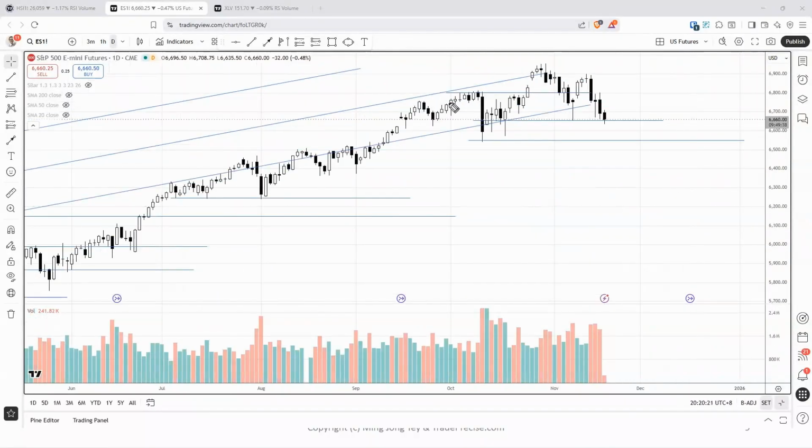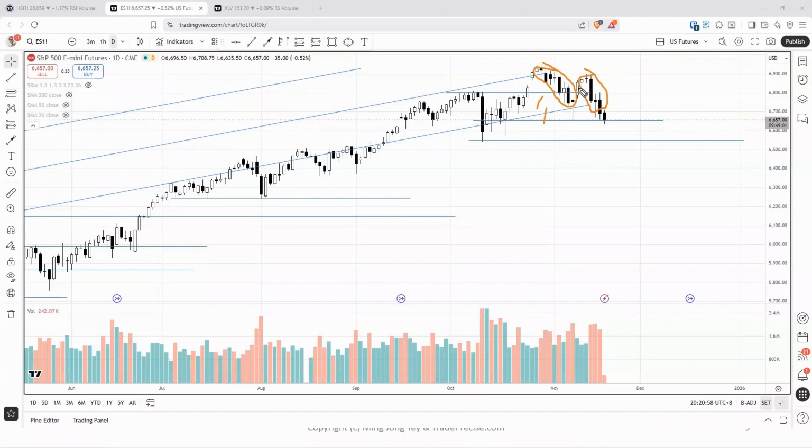Previously, in my email, I also mentioned that we are going to see more weakness ahead. Even if we get a bounce like this, we're still going to see a lower low target. Why is that? Mainly because, first, we have increasing volatility here. Look at this volatility, Section 1, Section 2.